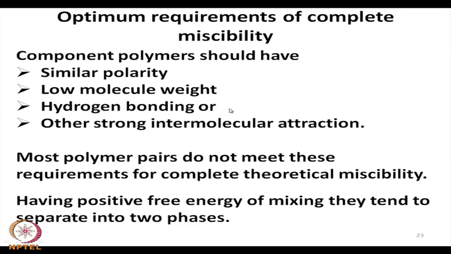If there is hydrogen bonding, the secondary interaction between the component polymers is very good for obtaining miscibility. Other than hydrogen bonding, other strong interactions may be polar-polar or dipolar interaction or van der Waals interaction, which are also requirements.